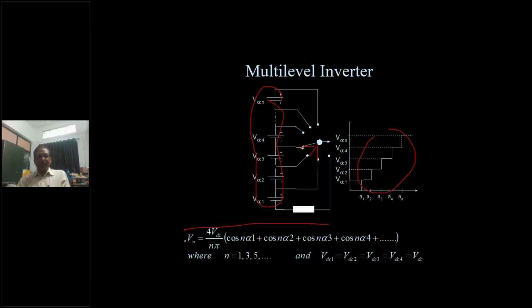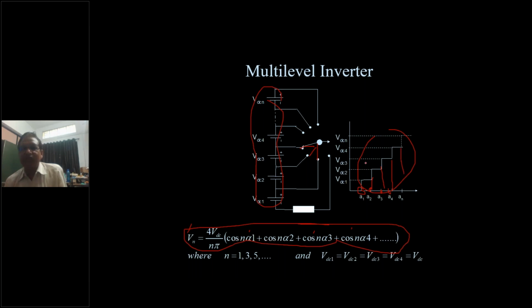If you make its equation, we get the total voltage. The equation depends on alpha 1, alpha 2, alpha 3, alpha 4, and alpha 5.